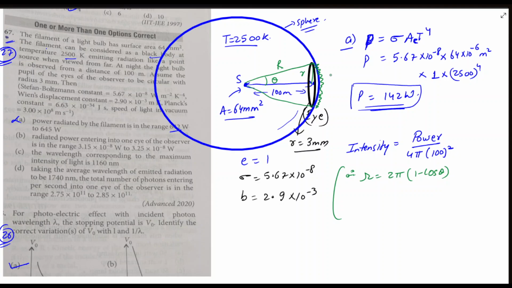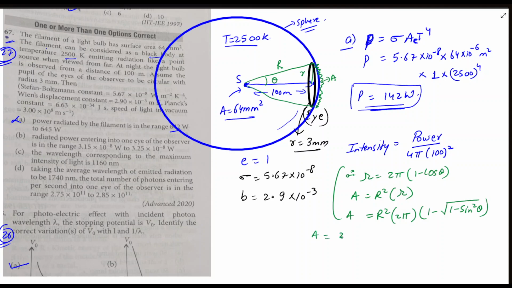If we get the solid angle, then let's say this area is A. To find this area, it will be r square into the solid angle, so r square into 2 pi into 1 minus cos theta. Now cos theta we don't know, base we don't know, but we know perpendicular. So for cos theta we can write it as root of 1 minus sine square theta, right? So this area we are going to find.